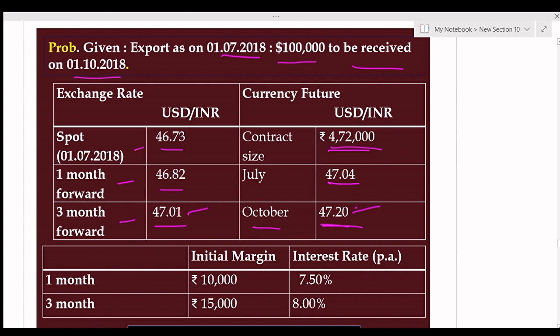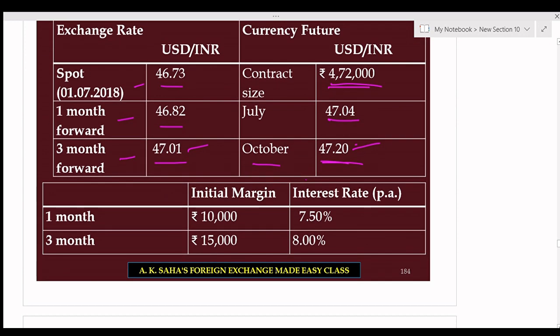You will get the contract size, and the contract value is $1 lakh. So the lot number will be $1 lakh divided by $10,000, that is one lot size, so the lot number will be 10. This is the first procedure of a future contract. Then this lot number is used in the initial margin.